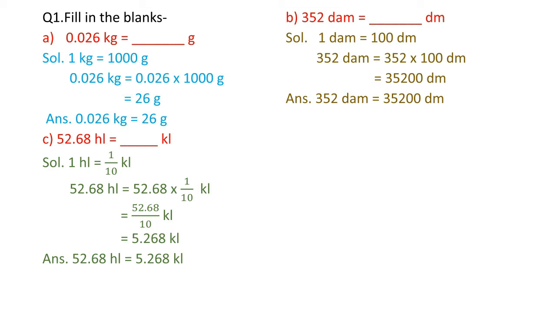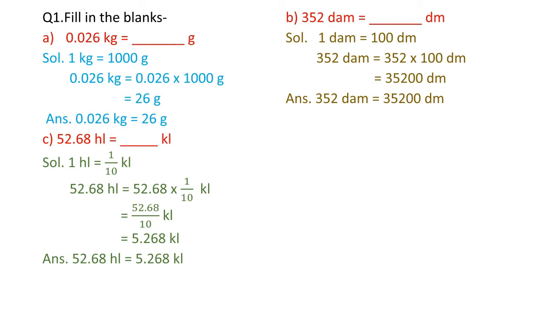And now here we need to convert 52.68 hectoliter into kiloliter. So we'll divide it by 10. 52.68 into 1 by 10 kiloliter. So multiplying by 1, 52.68 will become 52.68 by 10 kiloliter.